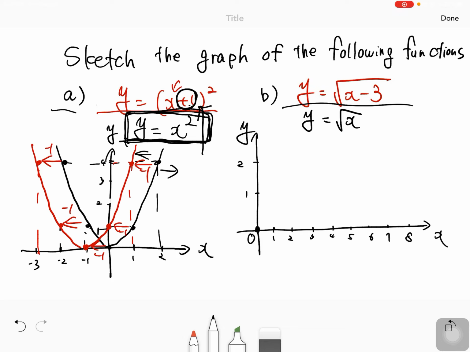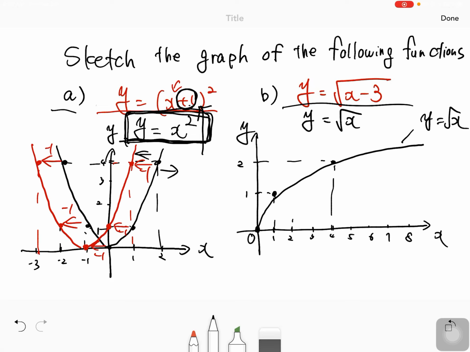And square root of x is like 1, 2. No, wait. You plug in 4. Yes. This is the graph of y equals square root of x.